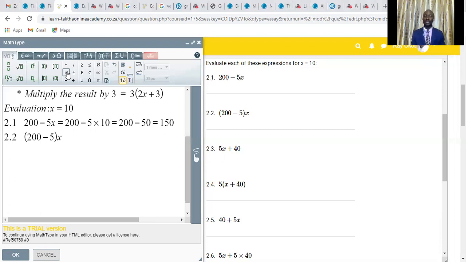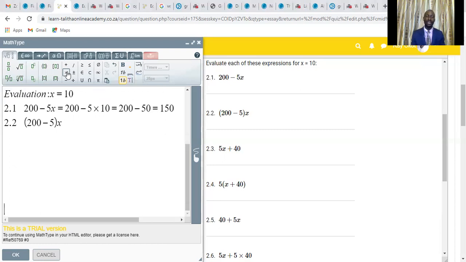It's much safer. And what would that give us? Well, this one would give us 200 minus 5. And 200 minus 5 gives us a value of what? 195. Yes. x. That is what we get when we simplify what is inside the bracket.